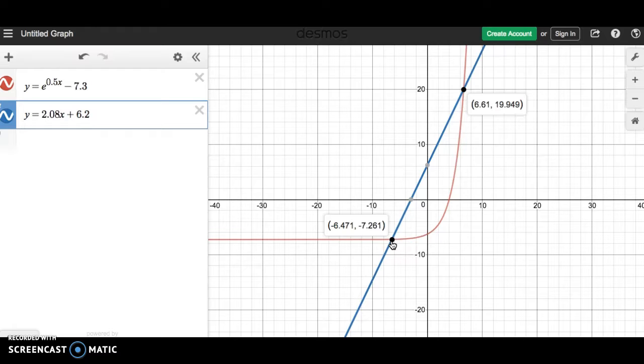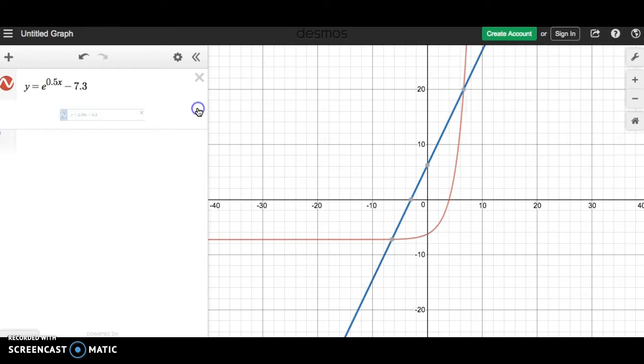If we click on the 2 places where they intersect, the first coordinates of the points of intersection are the solutions. So our solutions are approximately negative 6.471 and 6.61. We could also use the zero method to do this. In order to use the zero method, we have to have our entire equation equal to 0 and only have one y equals value.